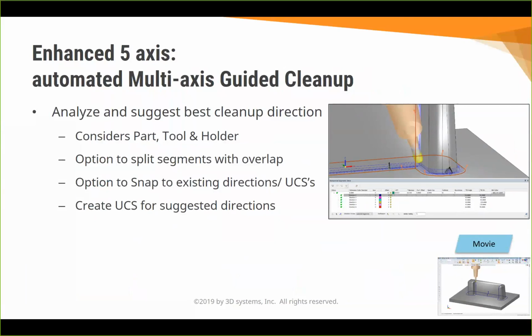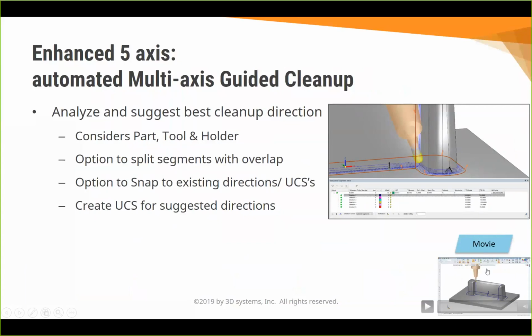So now the system can analyze the geometry in those cases and automatically suggest the best cleanup directions to consider the tool and holder and optimize the cases, and if needed, split the segments even with overlap between the milling areas. And there is an option to snap to existing directions or create new directions.